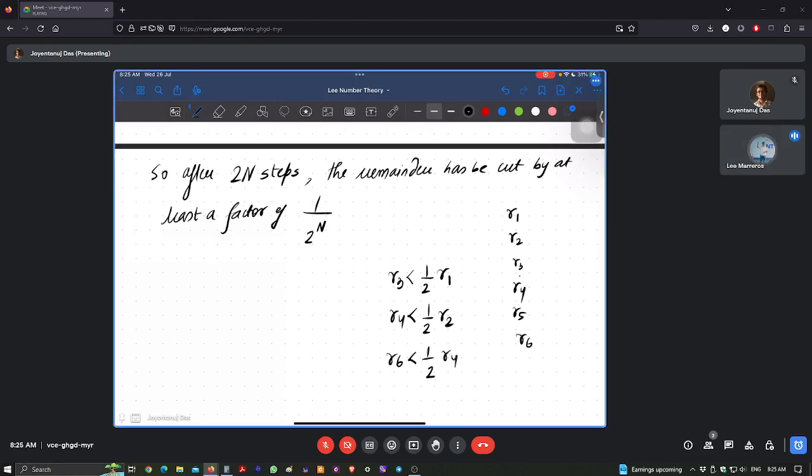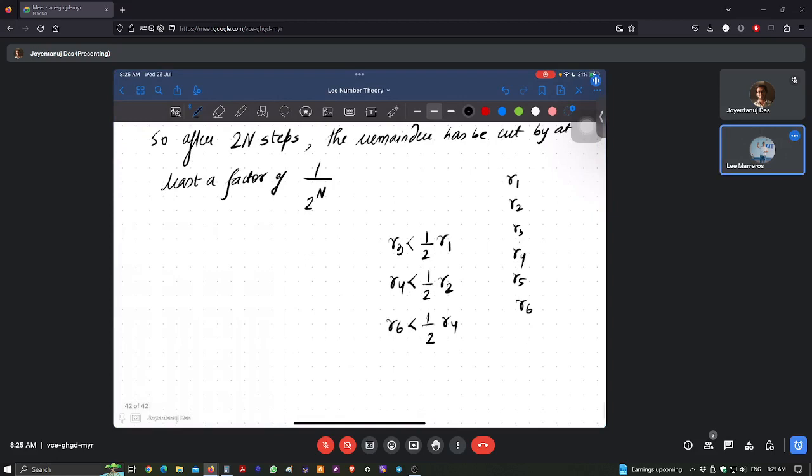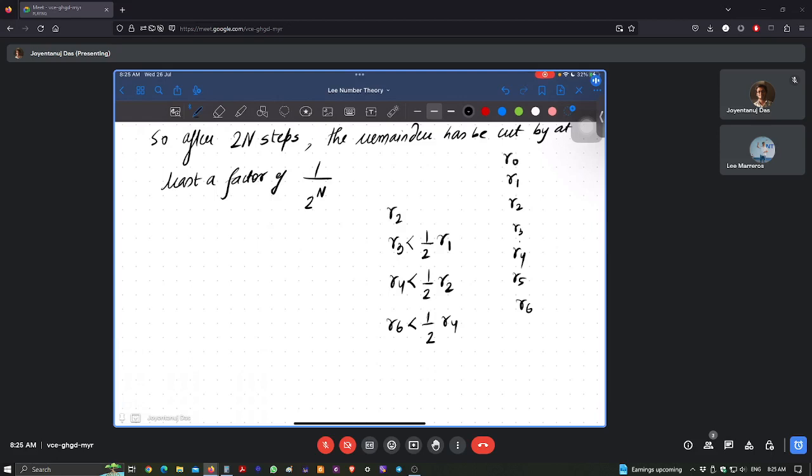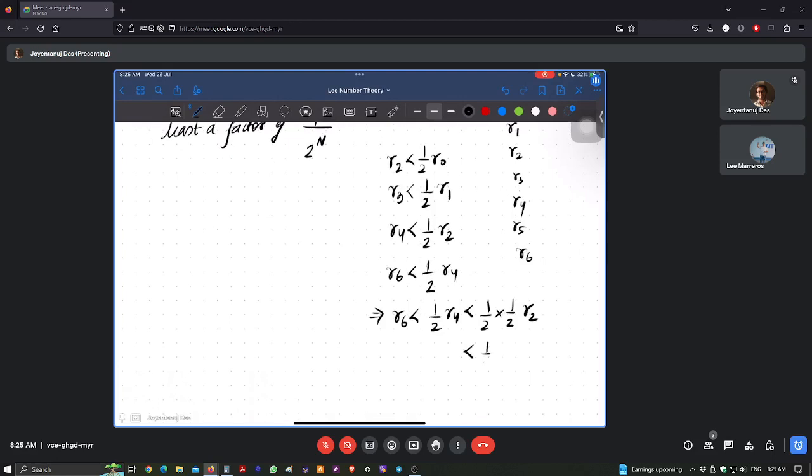We also have R0, so R2 is less than half R0. Now I can replace R4: R6 is less than half into half R2, which is further less than half into half into half R0. So R6 is less than 1 by 2 cube R0.